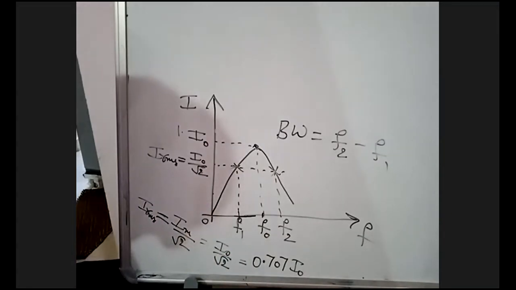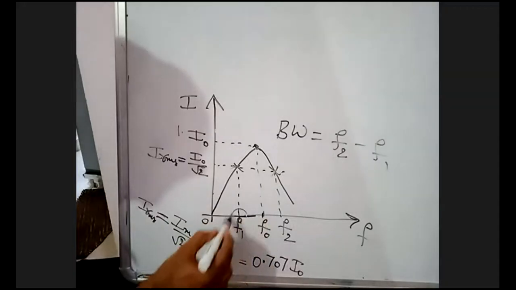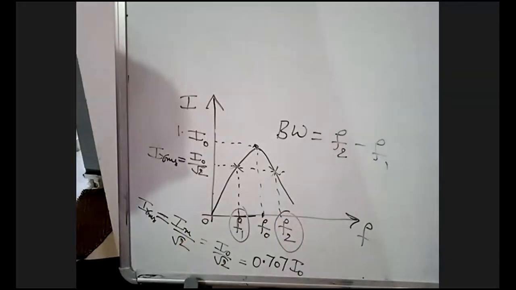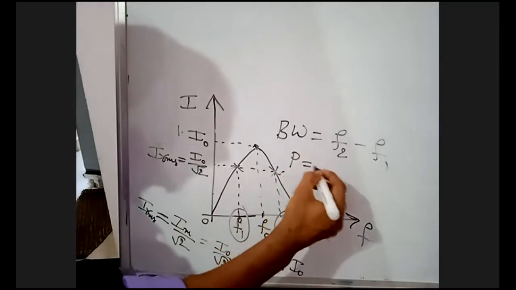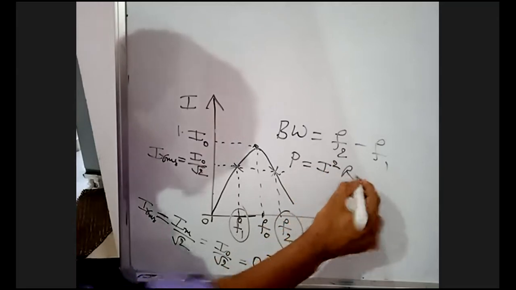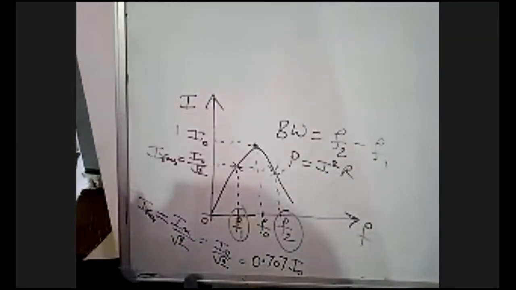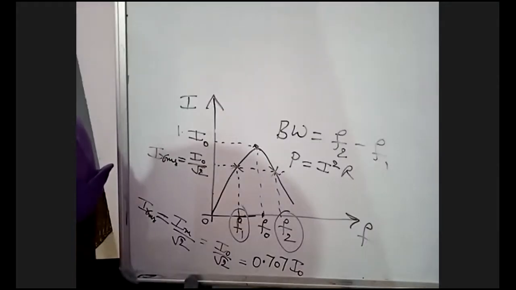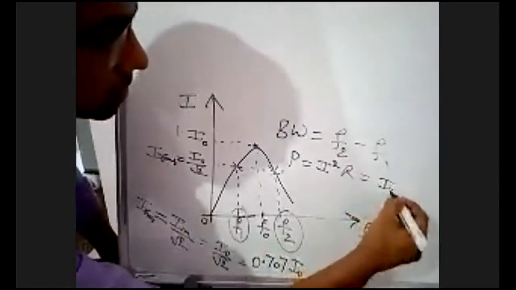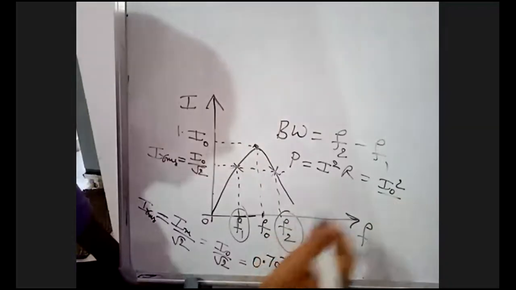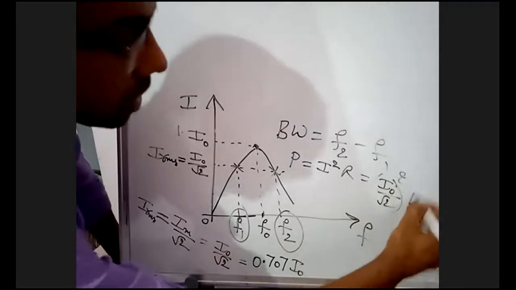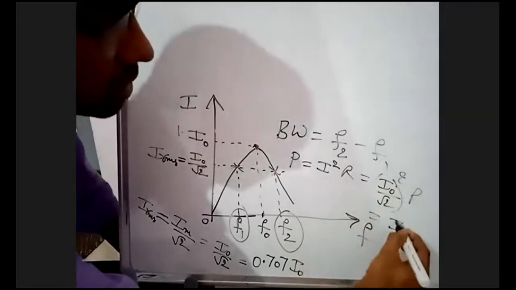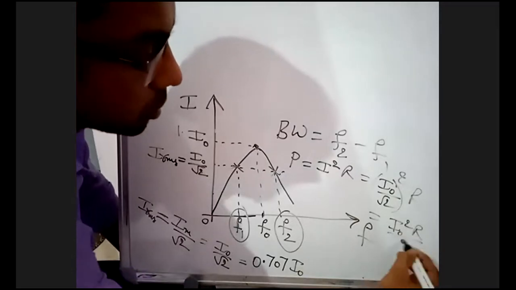Now I will determine the power at these frequencies. What is the power P? P is equal to I square into R. The RMS current here is I0 by root 2, so P equals I0 by root 2 whole square into R, which is I0 square into R by 2.